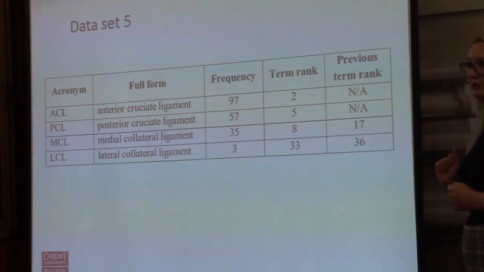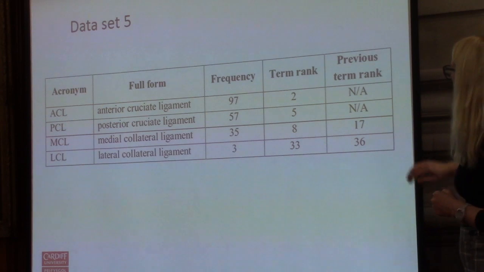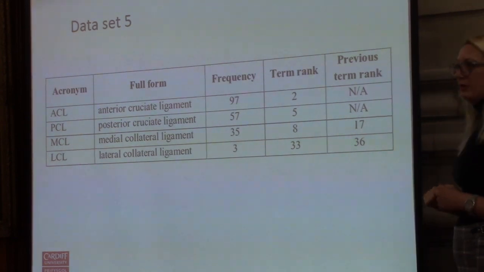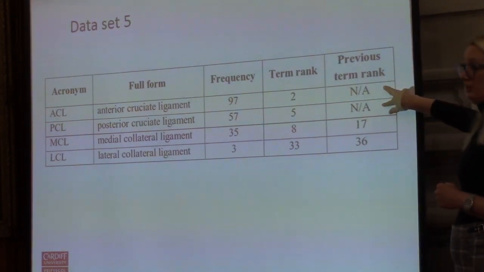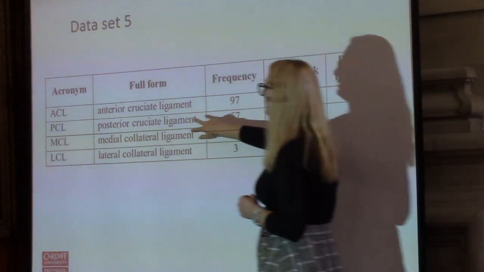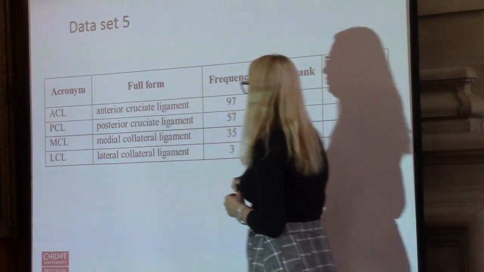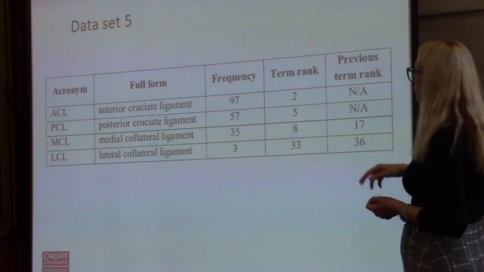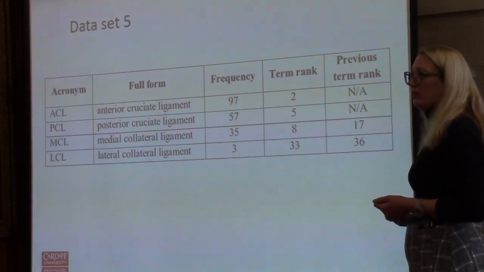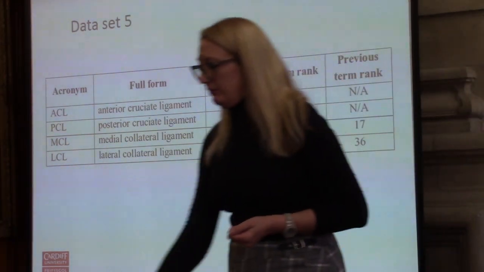These are implicit acronyms, by the way, so they were not defined in an MRI report. We can see that 2 of them were not even recognized before. So such important things like anterior cruciate ligament and posterior cruciate ligament were not pulled out before. Now they're ranked number 2 and number 5.